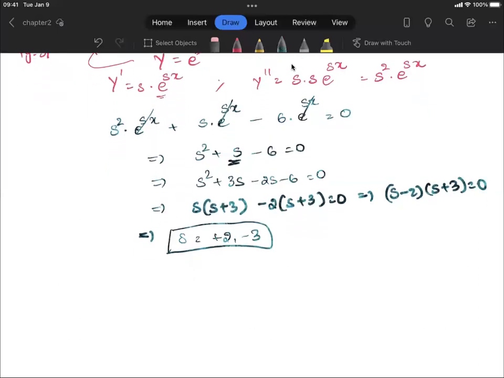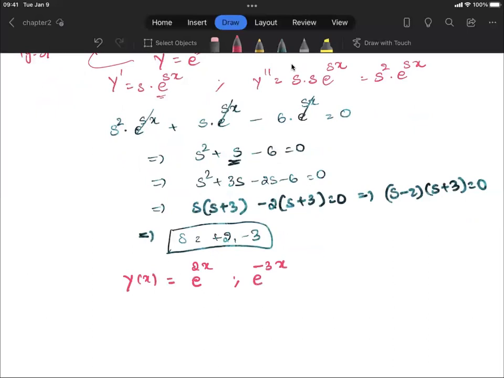And what does this tell us? This tells us that the solution is of the form e to the power 2x, or it could be of the form e to the power negative 3x.